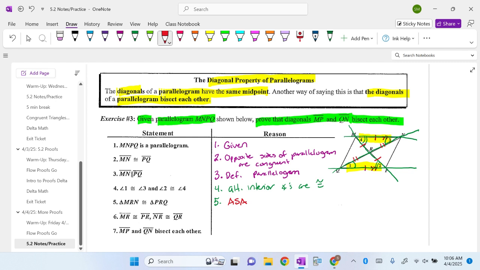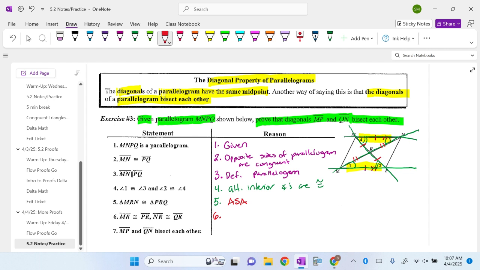And why is that? Nope, can't say that yet. That's what we're trying to prove. But there's something that we just proved that also tells us that. What did we prove in statement 5? So the triangles are congruent.